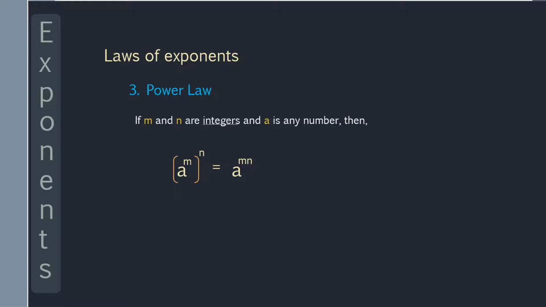This implies that if a number is raised to a power, which is again raised to another power, and so on, it is the same as the number raised to the product of the powers. For example, 8 raised to 3, which is again raised to 2, is equal to 8 raised to 3 into 2. That is 8 raised to 6.